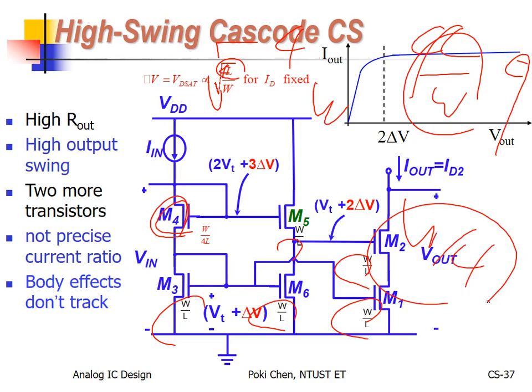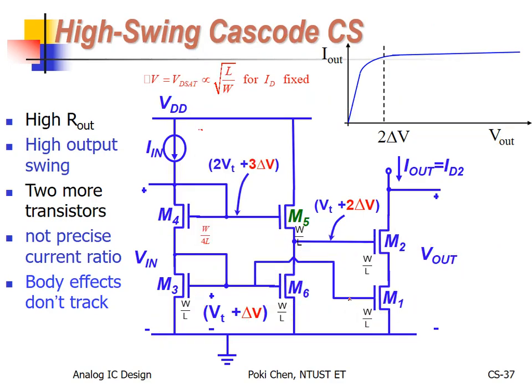But this is in theory. How about in practice? Not exactly the same. You can say, hey, I make 4L, then the delta V will be doubled? No, not exactly. But for rough estimation, it is correct. Good enough.